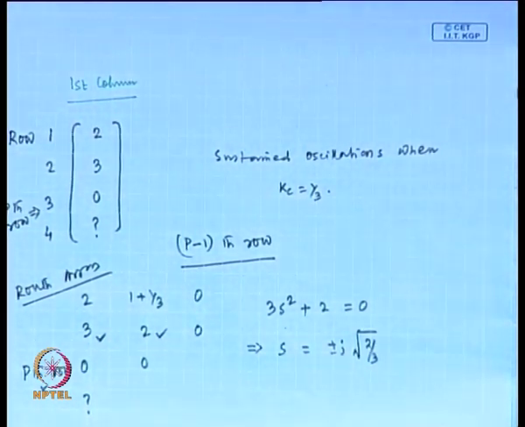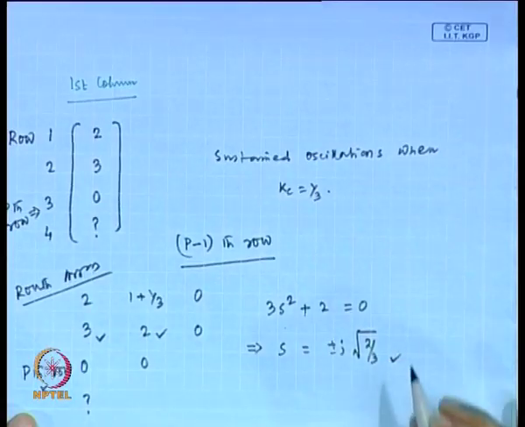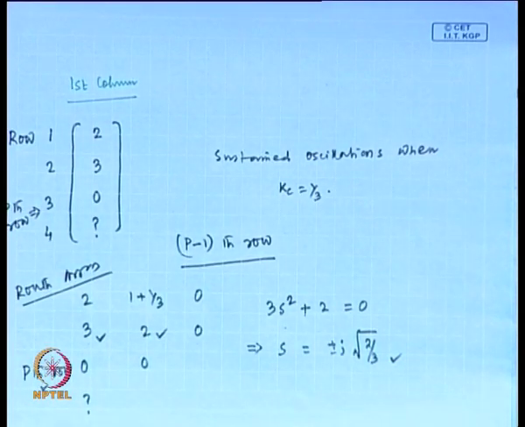So, these are the two complex conjugate poles which lie on the imaginary axis. So, when Kc is equal to 1/3, we get sustained oscillation, and the corresponding complex conjugate roots are these, which lie on the imaginary axis. Fine.